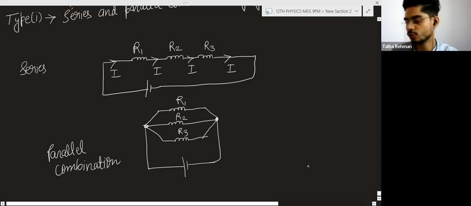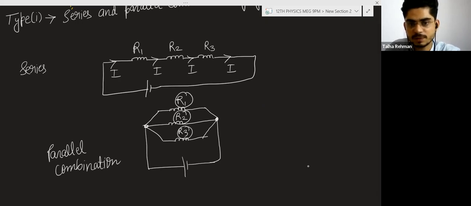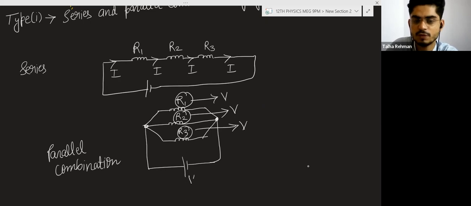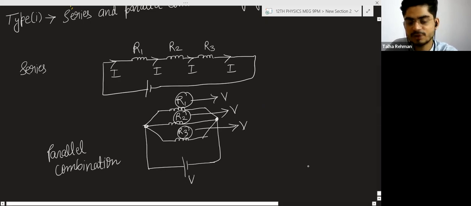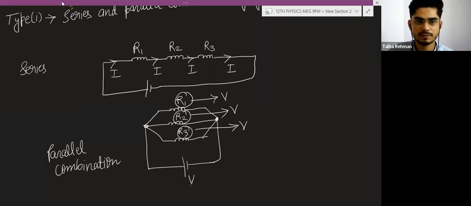Across this R1, across this R2, across this R3, the potential difference V, or the voltage, is same as that of the battery. We have discussed this earlier.